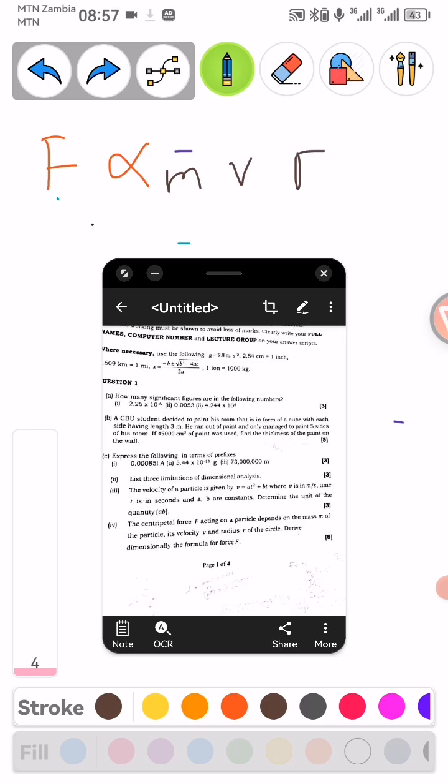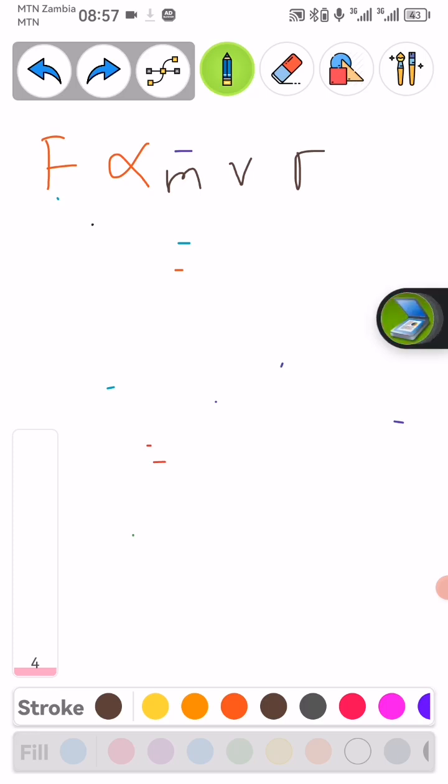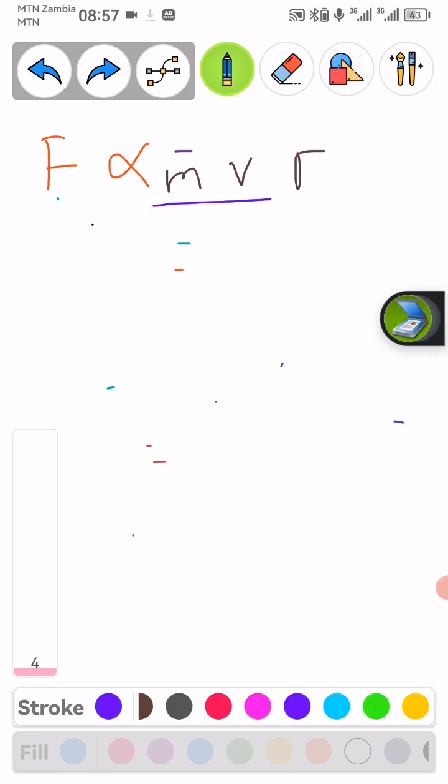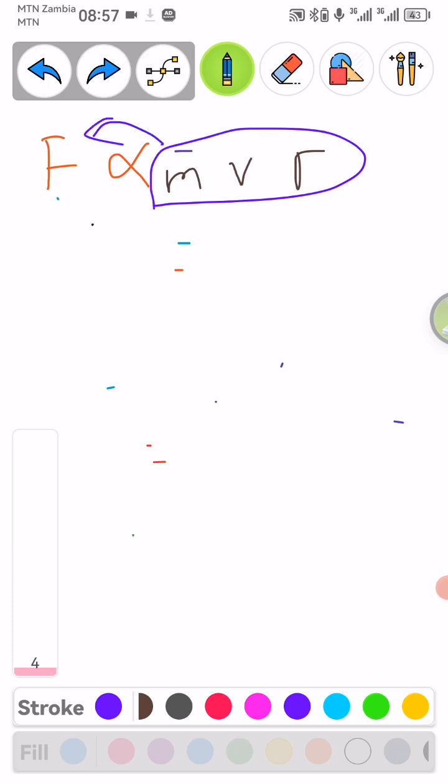Then, derive dimensionally the formula for force. So it depends on these, but what relationship do they have with F? How does F depend on all these? To know exactly how, we add powers a, b, c.